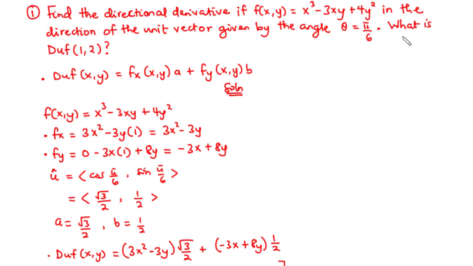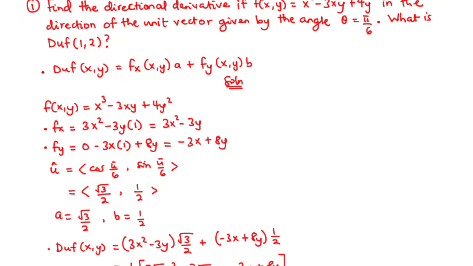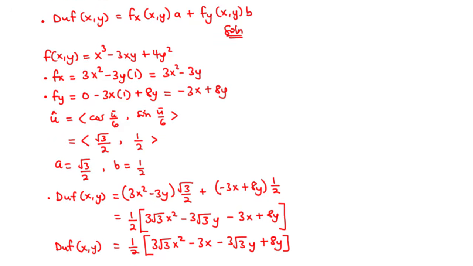Next, we are asked to find the directional derivative of the function at the point 1, 2. So basically we are going to substitute 1, 2 in place of x, y.